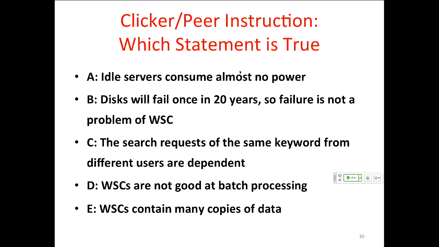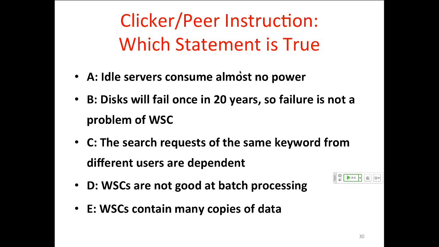Also, the search requests to the same keyword from different users are not dependent. They are actually independent because we have multiple copies of data for each keyword. And warehouse scale computers are not good at batch processing. It's not true.